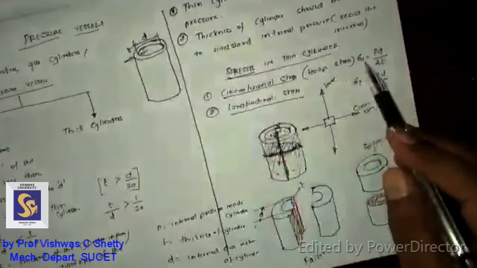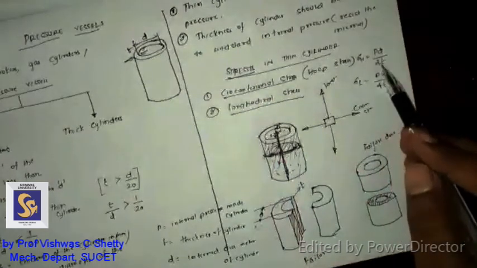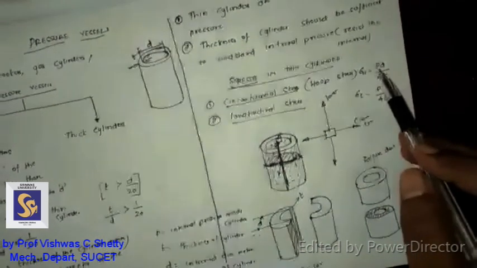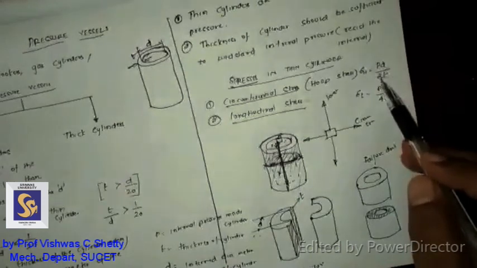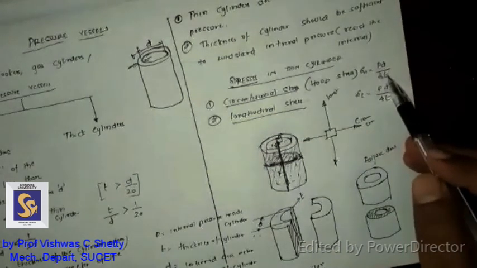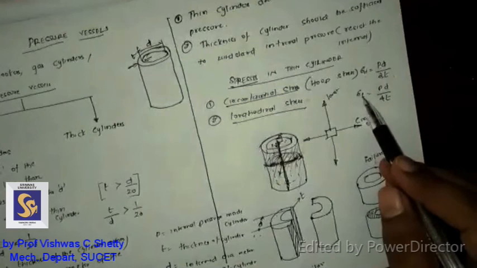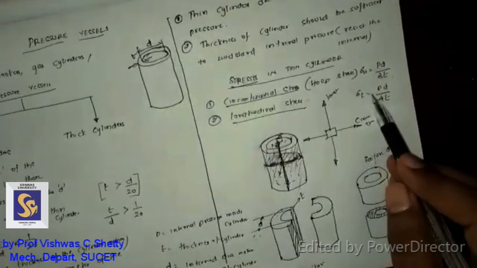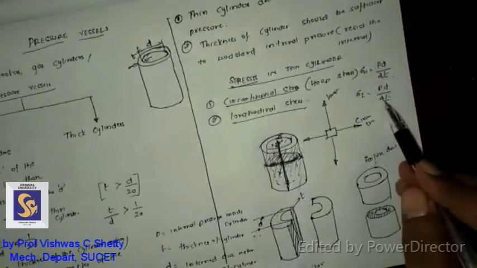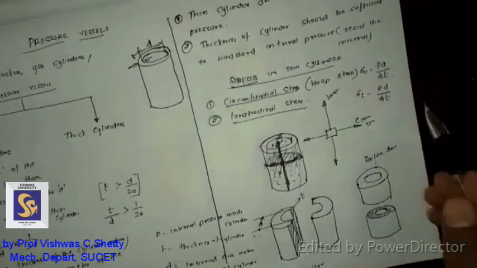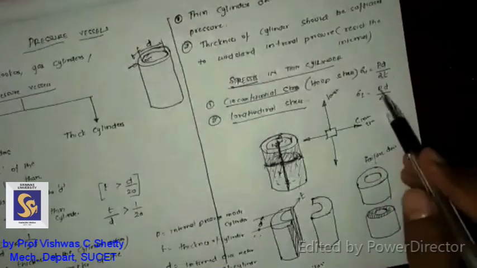So circumferential stress sigma h is given by PD upon 2t, small p, small d by 2 into t, thickness. Longitudinal stress sigma L is given by small p into small d by 4 into t. PD by 4t.